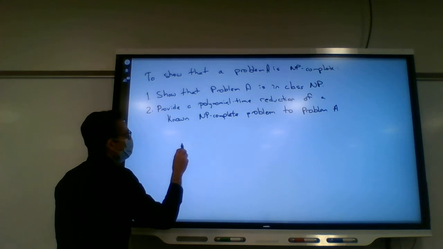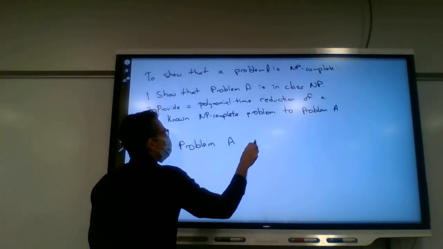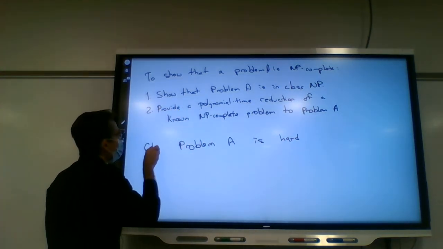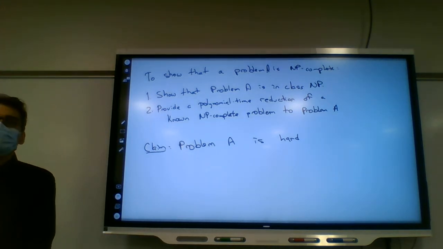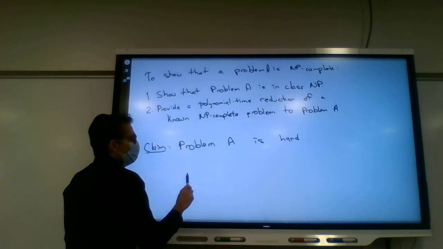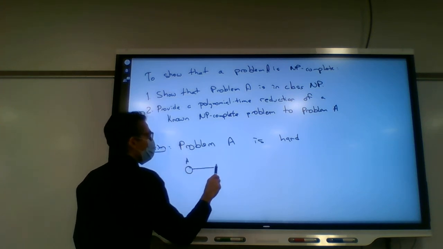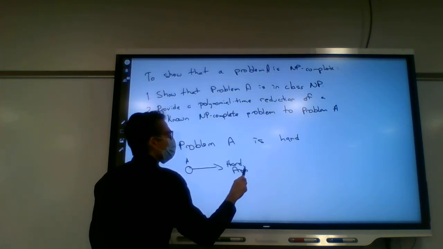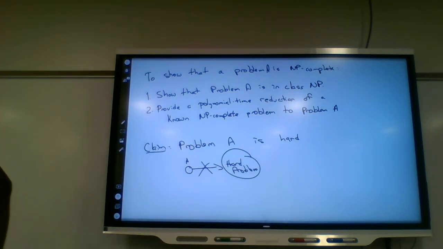To show that problem A is hard, we don't want to take problem A and turn it into a hard problem. What would that do? That might take an easy problem and turn it into something more difficult.